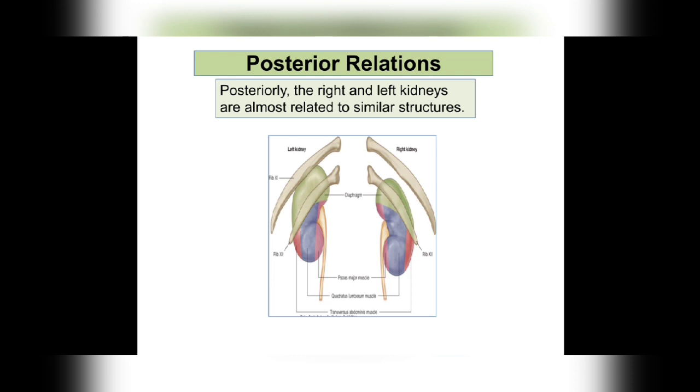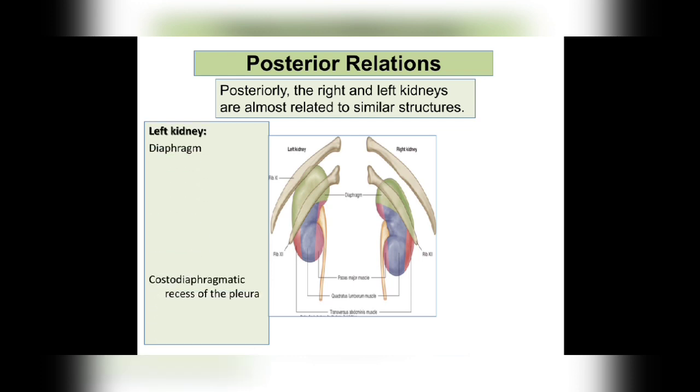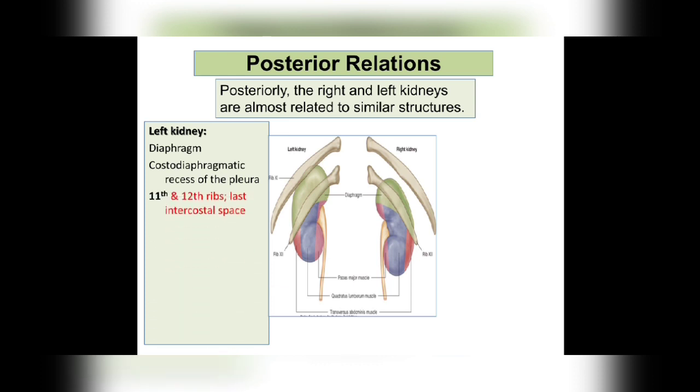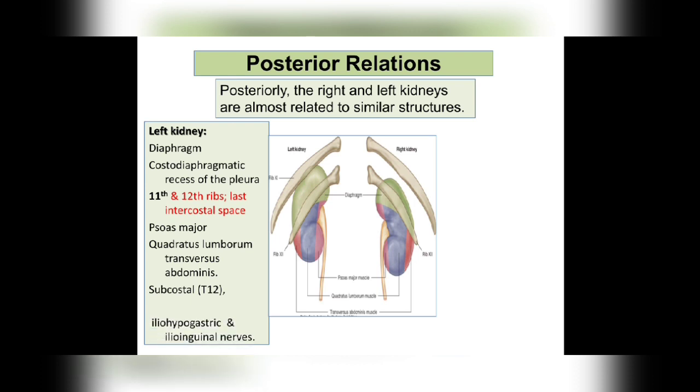Posterior relations. Posteriorly, the right and left kidneys are related to almost similar structures. The left kidney is posteriorly related to the diaphragm, costodiaphragmatic recess of pleura, 11th and 12th rib, psoas major, quadratus lumborum, transversus abdominis, iliohypogastric and ilioinguinal nerves.